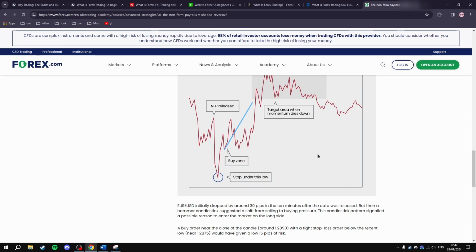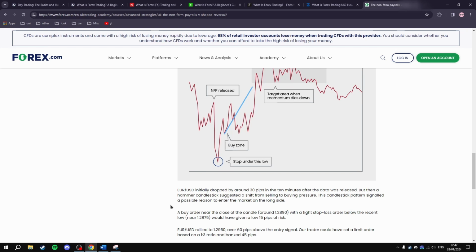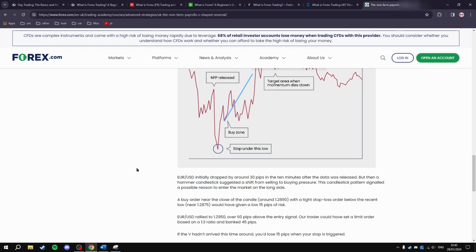Remember, hammer is the one with like a square and then the handle. This candlestick pattern signaled a possible reason to enter the market on the long side. A buy order near the close of the candle around that, with a tight stop loss order below the recent low near that, would have given a low 15 pips of risk.